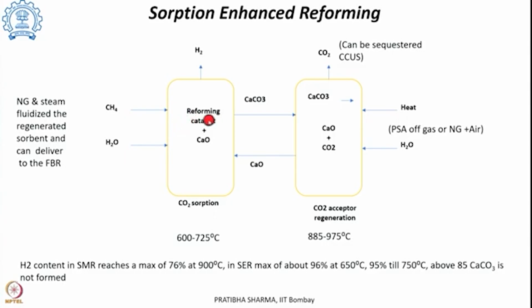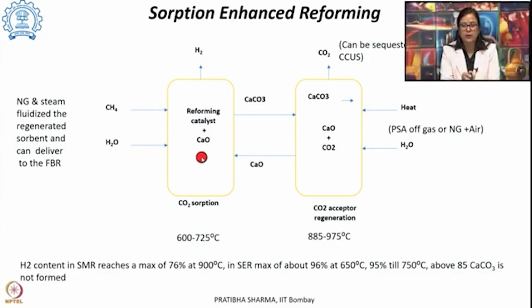In the presence of reforming catalyst which is nickel on alumina and carbon dioxide sorbent which is calcium oxide, the 3 reactions, steam methane reforming, water gas shift and carbon dioxide absorption, take place in a single reactor. The reaction takes place between 600 to 725 degrees centigrade and results in the formation of pure hydrogen, with a very small amount of carbon monoxide and carbon dioxide still left.